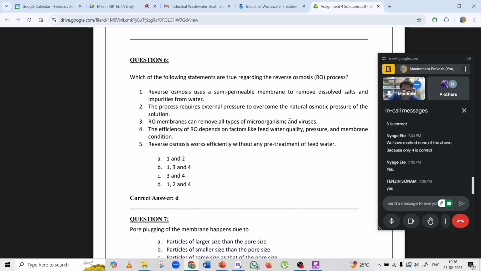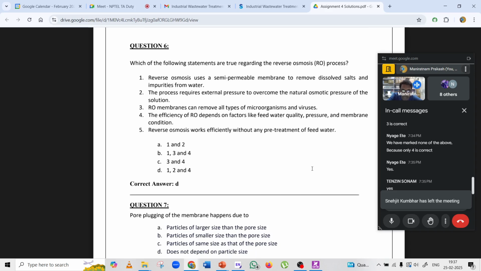Many things come under microorganisms. So it is seen that a reverse osmosis membrane cannot remove all the microorganisms, and similarly for viruses. There are certain types of viruses, I don't recall the examples, but it cannot remove all the viruses. So its answer is D, 124.